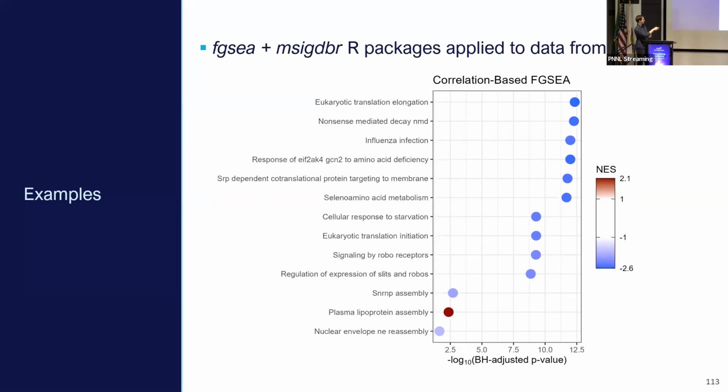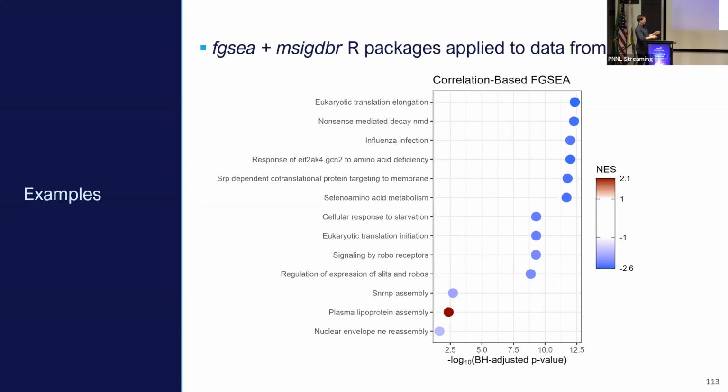What you end up with are what are called normalized enrichment scores. It's like the enrichment score, but you're accounting for the size of the sets. If a set is very large, then it's usually going to be more enriched than smaller sets, just because there's more chances for that running sum to increase. So we're just accounting for that.